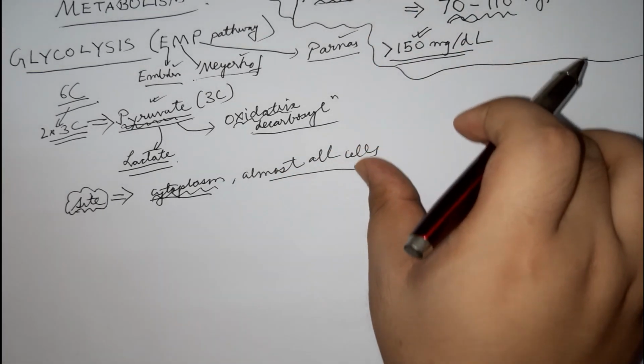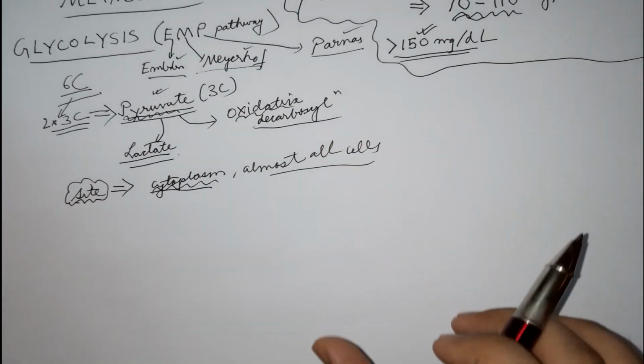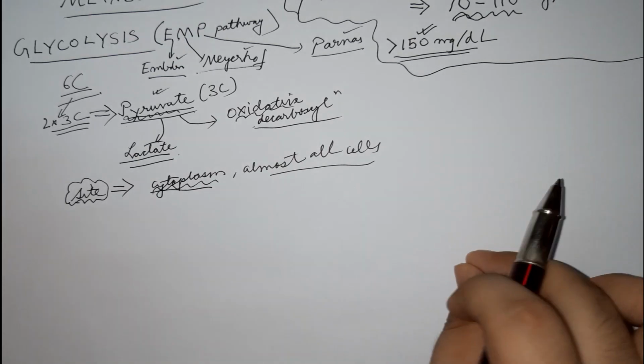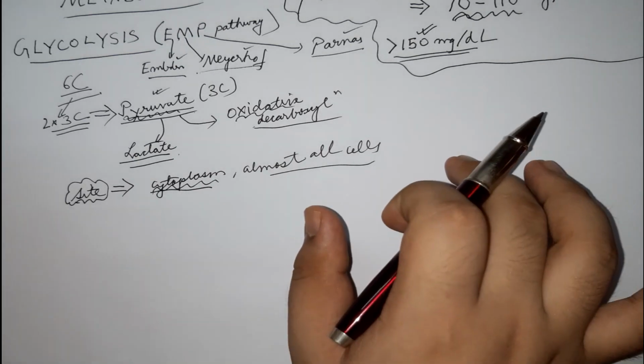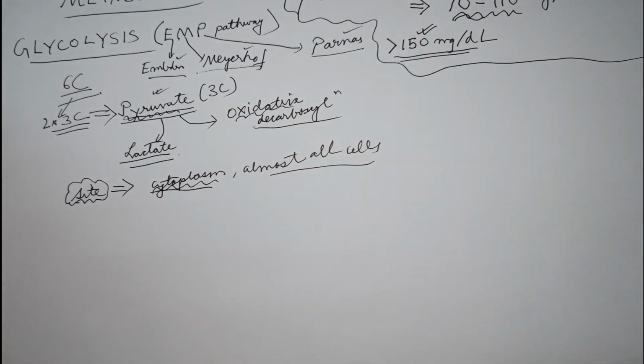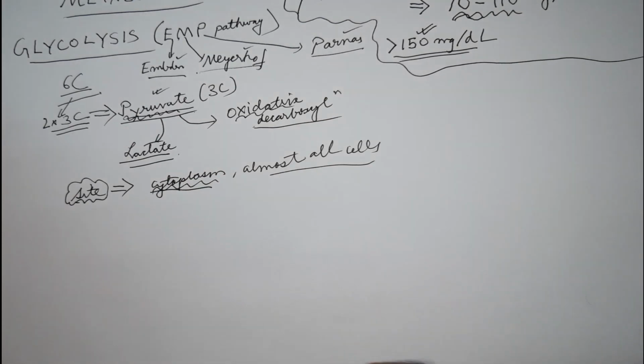So glycolysis is actually a series of steps happening, with a number of compounds being connected to each other through a metabolic pathway. And these compounds, which are the intermediates of glycolysis, can go into side reactions and side metabolic pathways, and in turn they will form different compounds which are useful for the body.